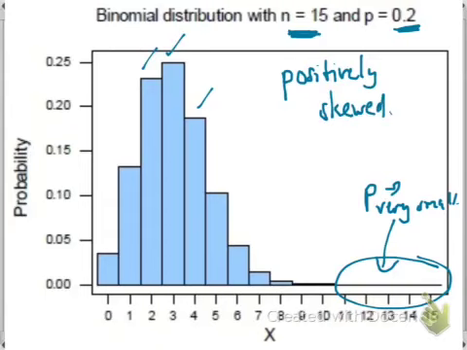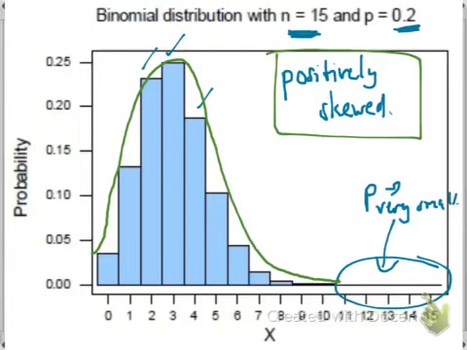Positively skewed. And sometimes you see these as curved graphs, so I'll just change pen colour for a moment and use green here. So you can imagine a curve going up and down like so. So that positively skewed type graph looks something like that, whether it's a histogram or a smooth curve.